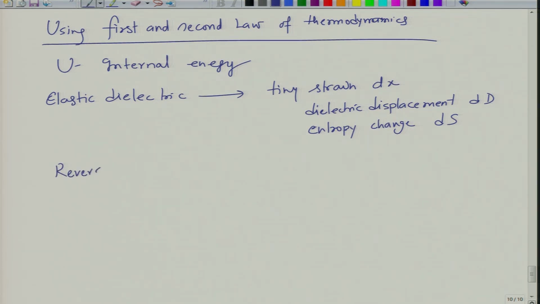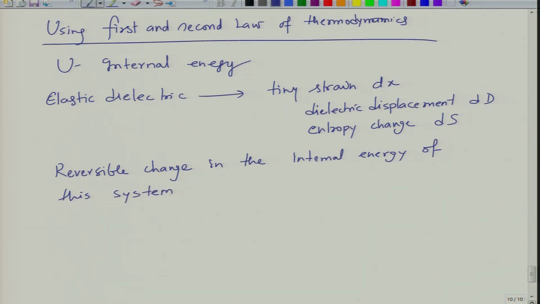So, for such a system, the reversible change in the internal energy of this system can be written as dU = T dS + X_ij dx_ij + E_i dD_i.